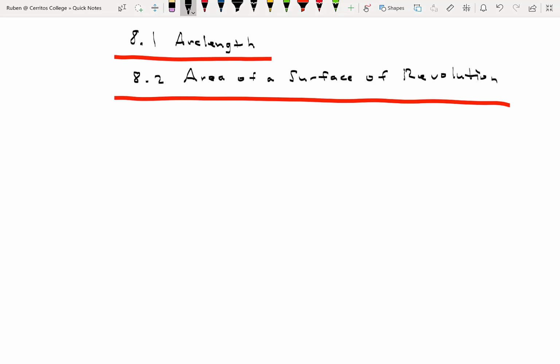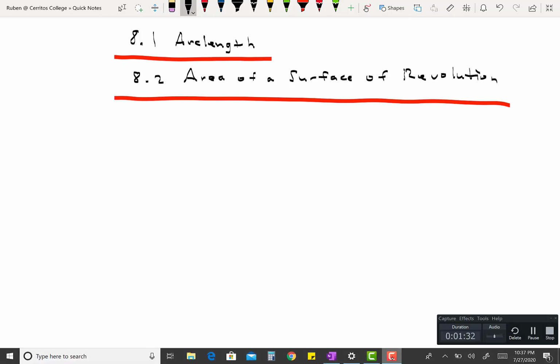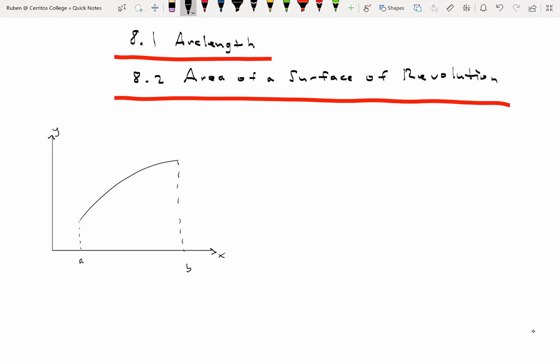The first is that of finding not the area or volume involved with a function, but the length of a curve. We're interested in the length of a function between two points, x equals a and x equals b. So here's our function, y equals f of x.